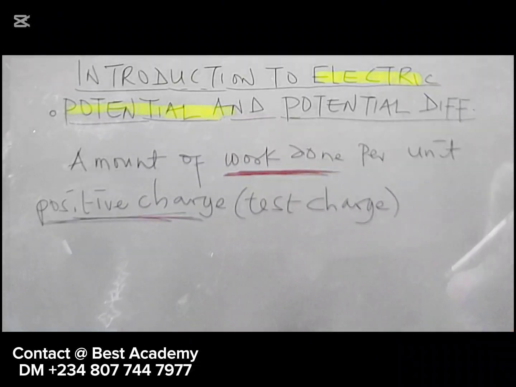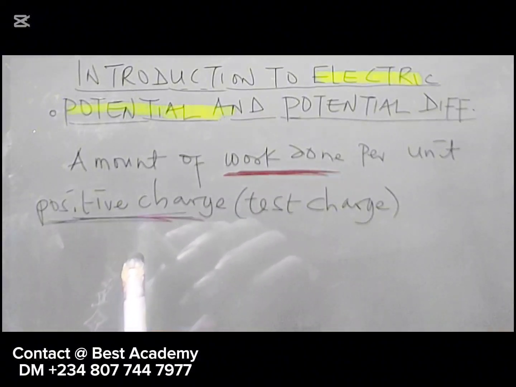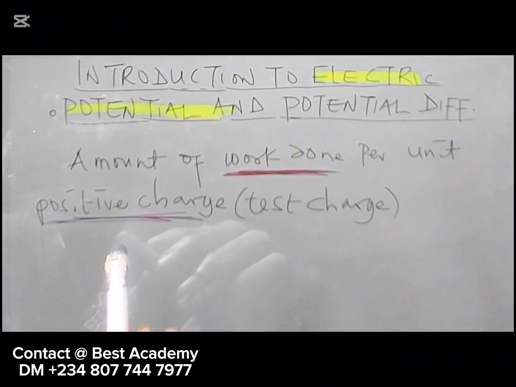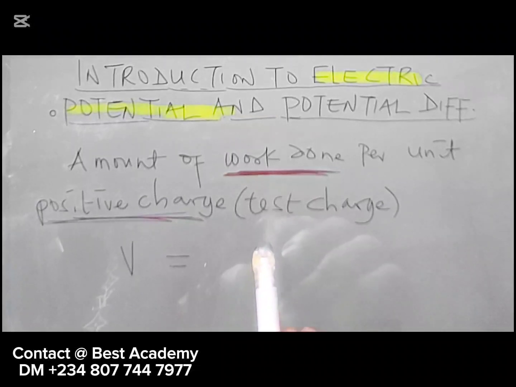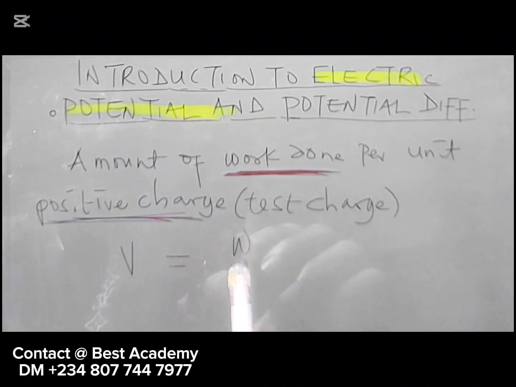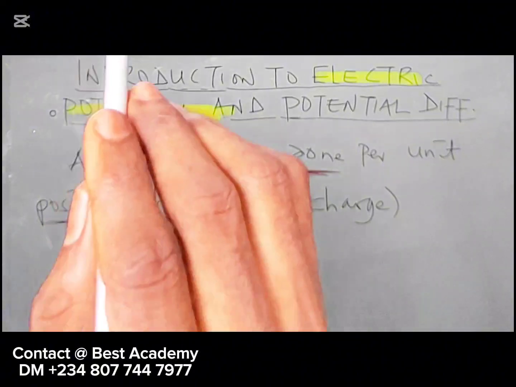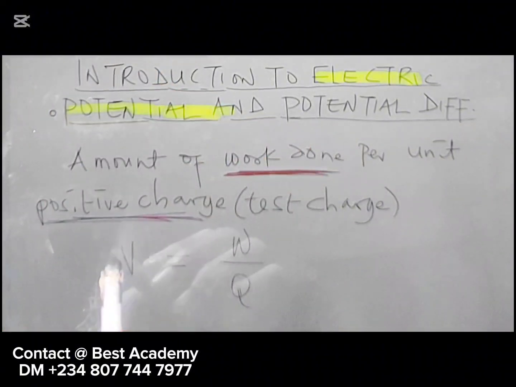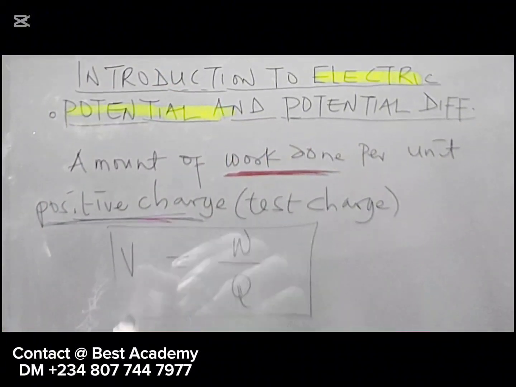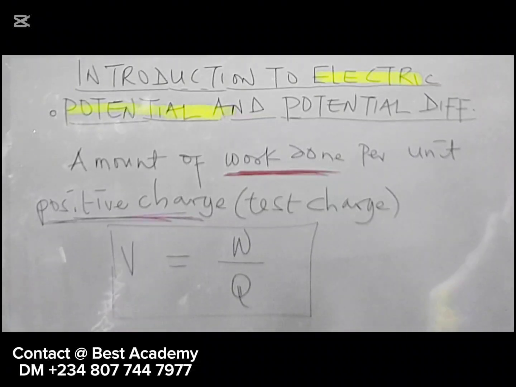So let's relate this definition mathematically. Mathematically, our electric potential V is said to be W over Q. Please take note.